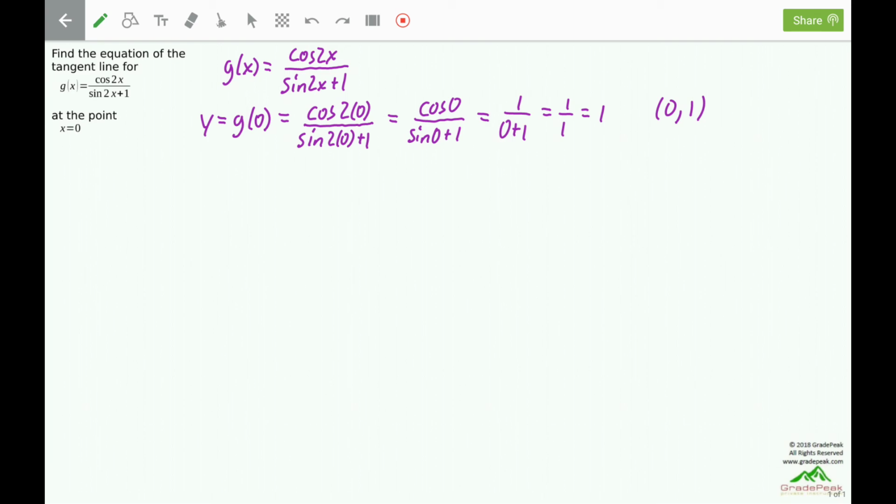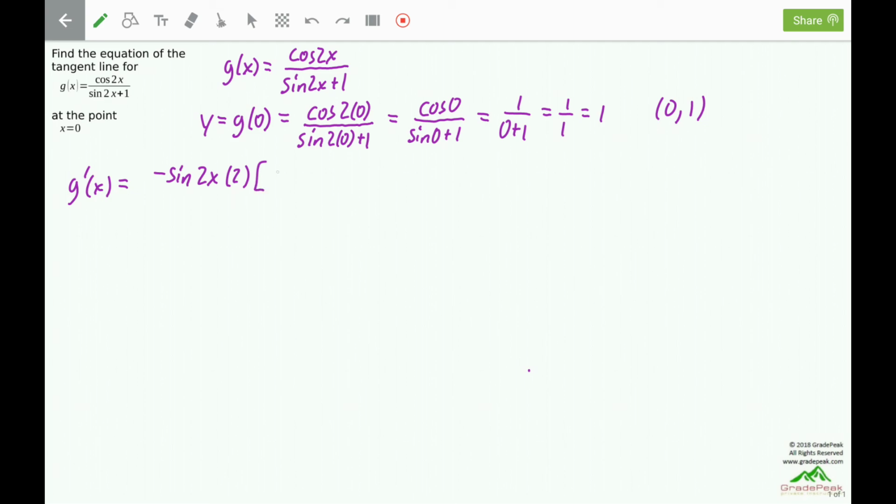The next thing we need is the slope of the tangent line, and that's the derivative. So now we're going to evaluate the derivative g prime of x. Our function g of x is a quotient of two functions, and therefore we'll make use of the quotient rule. The derivative of the numerator, derivative of cosine, is negative sine, leave its inside alone, 2x, and then multiply by the derivative of the inside to complete the chain rule, so times 2.